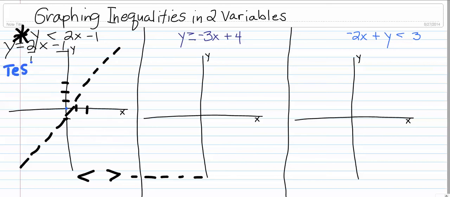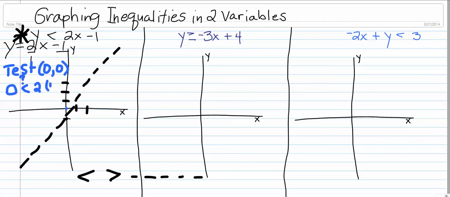We want to decide, where do the answers to this inequality really lie? Do they lie on this side of the line where 0, 0 is, or do they lie on the other side? Well, when I say test 0, 0, I want to see what happens when I plug 0, 0 into the original inequality. So, is 0 less than 2 times 0 minus 1?